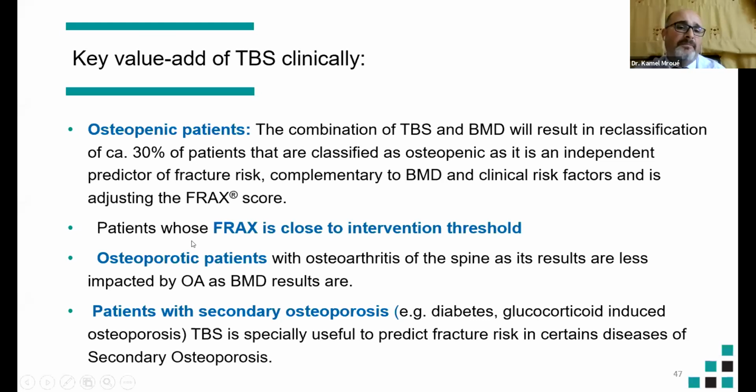Also, for patients who have a FRAX close to the intervention threshold, the use of the TBS will either push your result above your threshold, or it may also push it down. This will change your management strategy for the patient. Another benefit is, as we have said, with osteoarthritic patients of the lumbar spine, this will decrease the importance of the falsely high bone density of the lumbar spine.